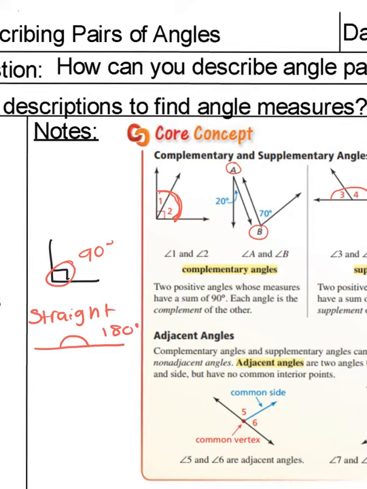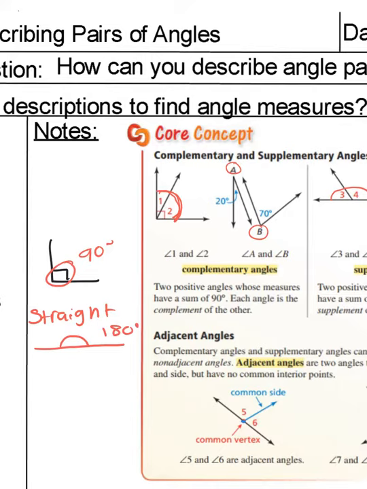A straight angle is a single straight line or segment whose degree measure is 180 degrees. Complementary and supplementary angles can be adjacent. Remember, we said adjacent was next to, or non-adjacent, so they can be entirely separate angles. Adjacent angles share a common vertex and side, but have no common interior points. So if we look at the diagram here, they have this common vertex.